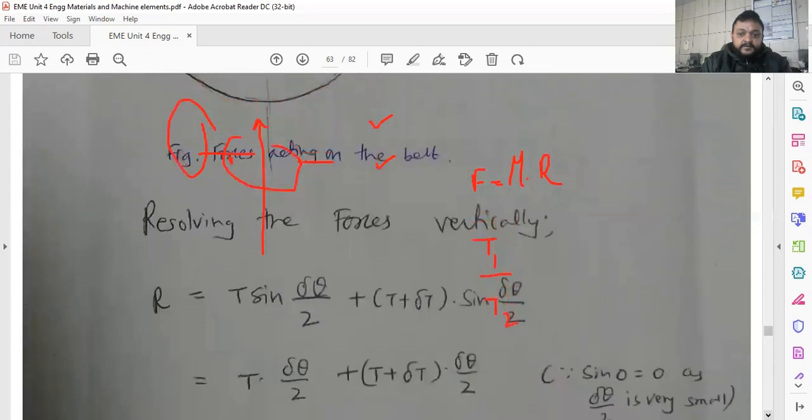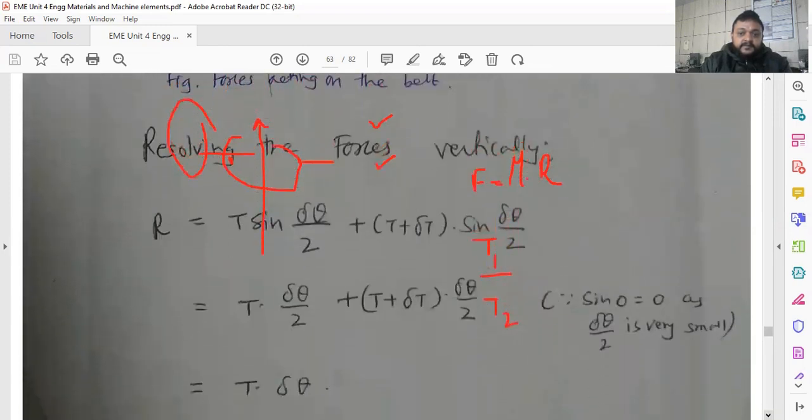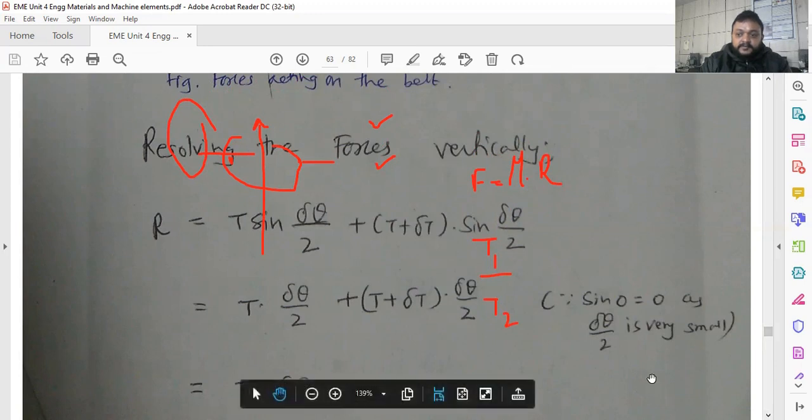Simplifying first: delta theta is very small, so sine delta theta we are considering as 0. So instead of sine delta theta by 2, we are putting delta theta by 2. We are avoiding the sine because sine theta is theta when theta is small, so delta theta by 2 is considered as 0.